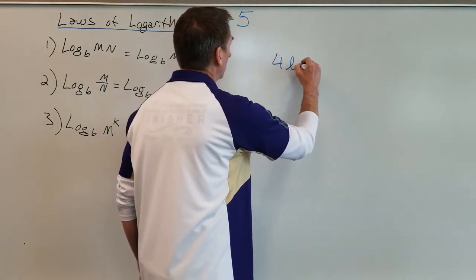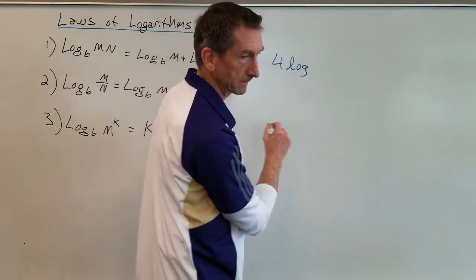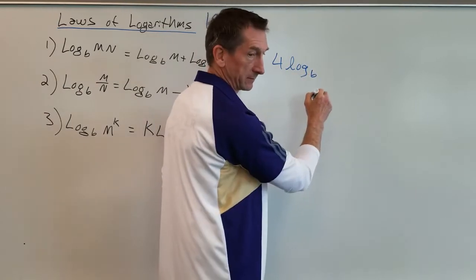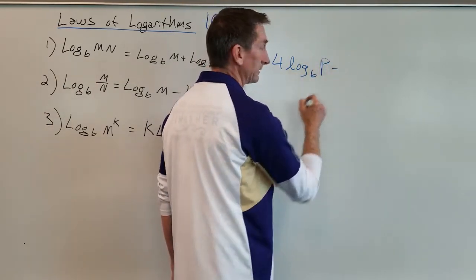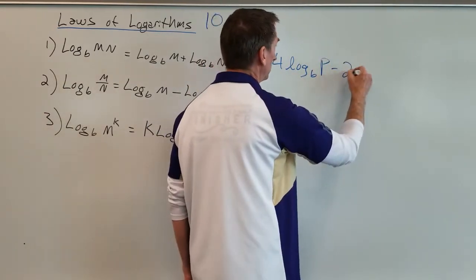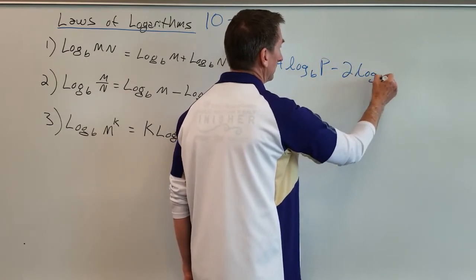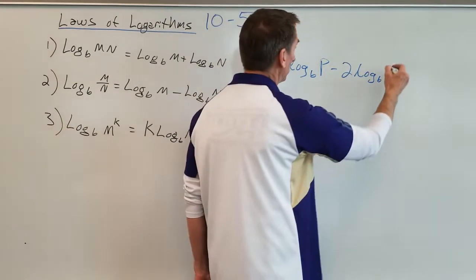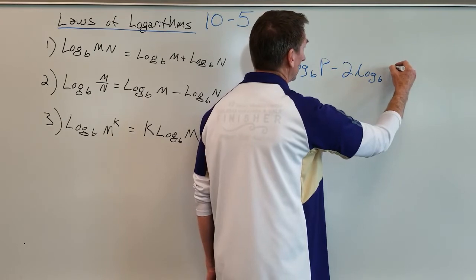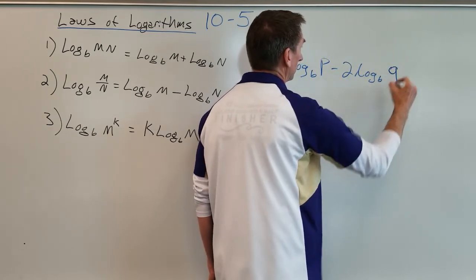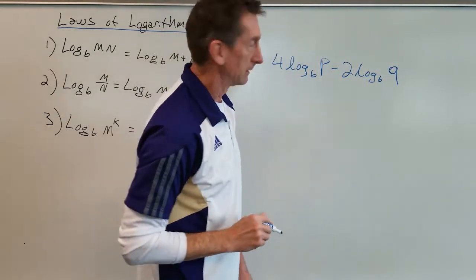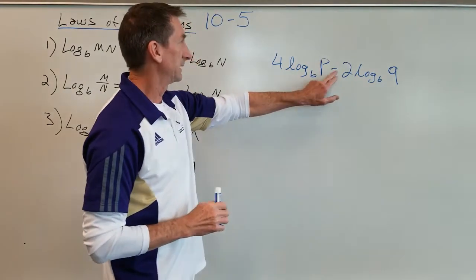4 log base b of p minus 2 log base b of q. That's q. Okay. All right, so I've got a minus sign here.